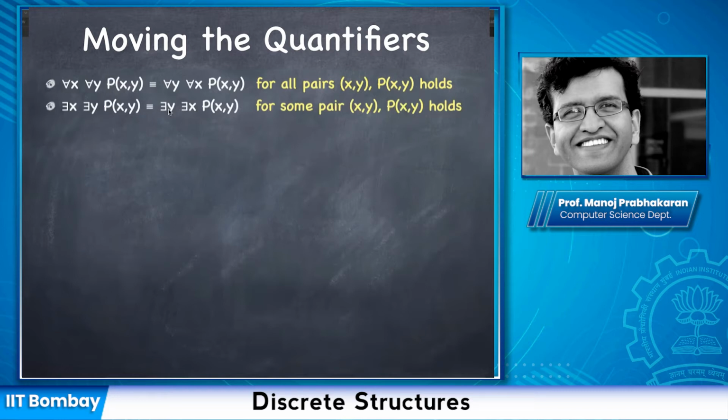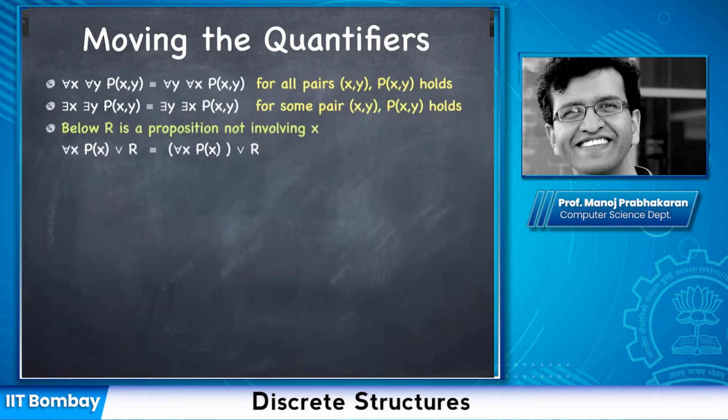And you could have made the same statement by quantifying over y first. So things are a little simpler when you have a run of the same type of quantifier. The difficulty is when you have alternating quantifiers, if you alternate between for all and there exists.